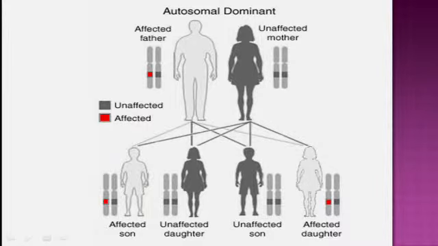In an autosomal dominant condition, having a single copy of the mutation on one chromosome is enough to cause disease. So in this example here, the father has 2 chromosomes, and one of them has a red spot, and that one is the abnormal gene.